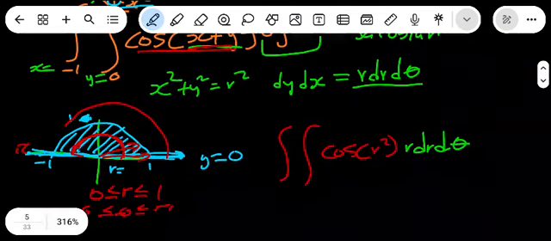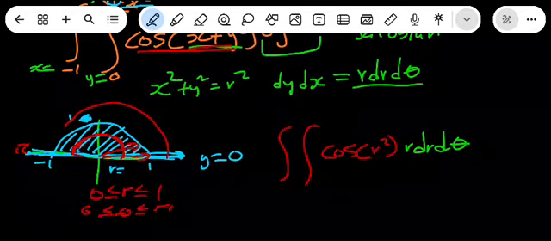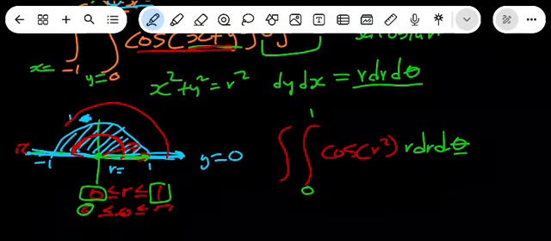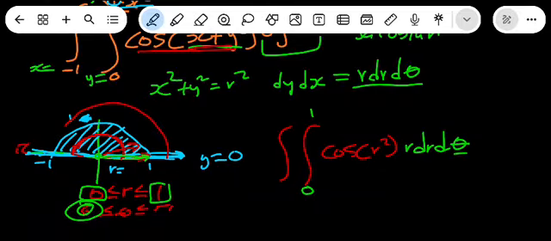So now let us replace our limits: r will start from the origin 0 up to 1, and theta will go from 0 up to pi.